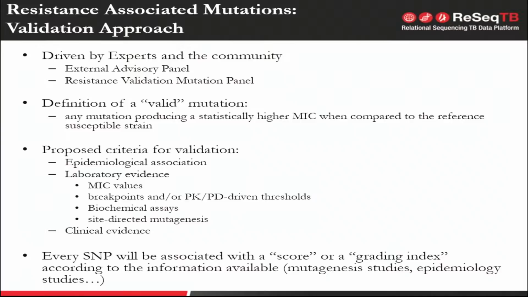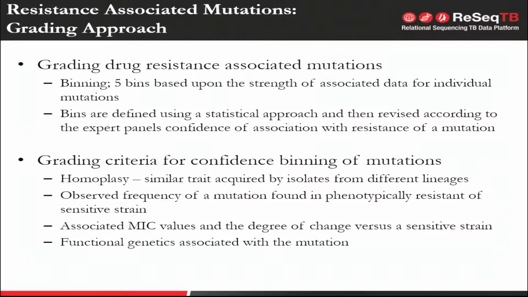Then every single mutation is going to be associated with a grading score, and I'm going to show you how this works. Basically, we decided to have 5 main categories based on the level of association between the mutation and the resistant phenotype.